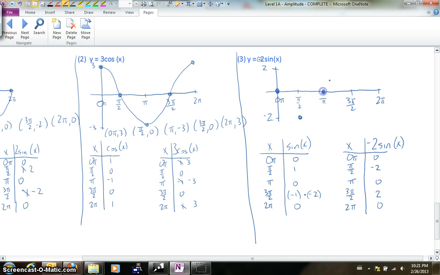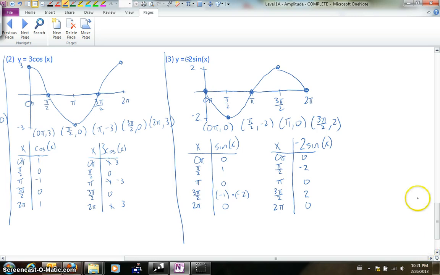Then at pi we'll be at 0, 3 pi over 2 will be at positive 2, 2 pi will be back to 0, and so what we have is like a picture of an upside down sine graph, a sine graph that's been flipped over. And so if I wanted the 5 points here, I'd have 0 pi, 0, pi over 2, negative 2, pi, 0, 3 pi over 2, 2, and room for one more, we'd have 2 pi, 0.